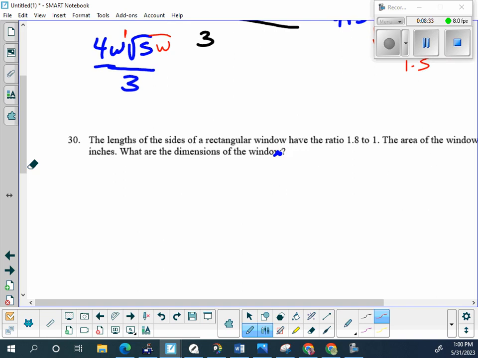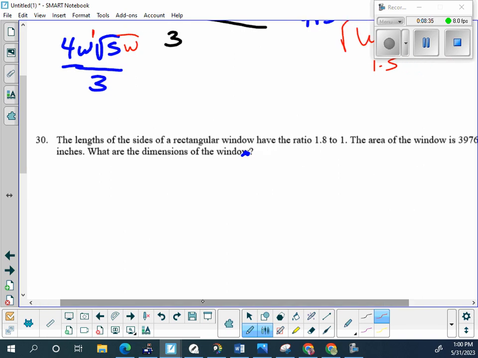Question number 30. The length and width of a rectangular window have a ratio of 1.8 to 1.